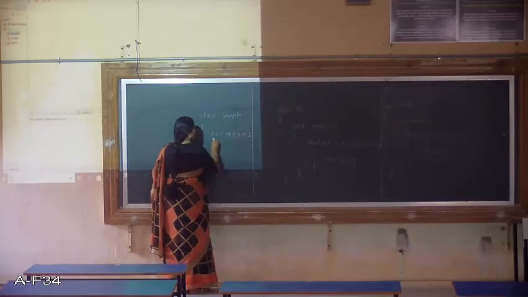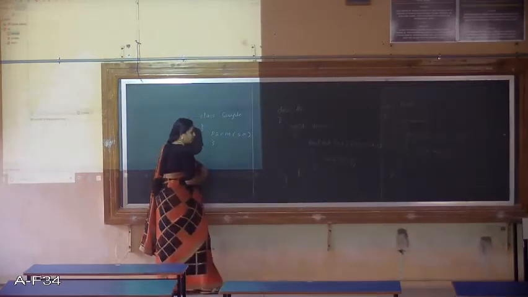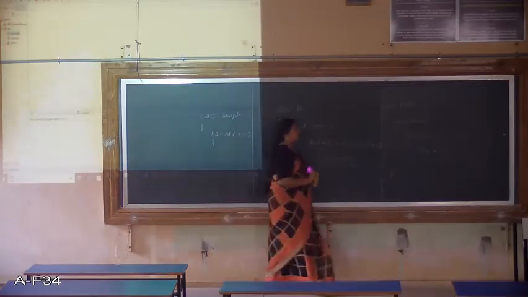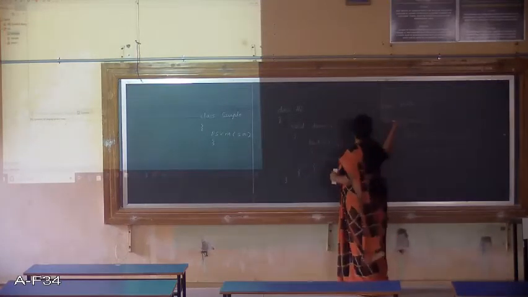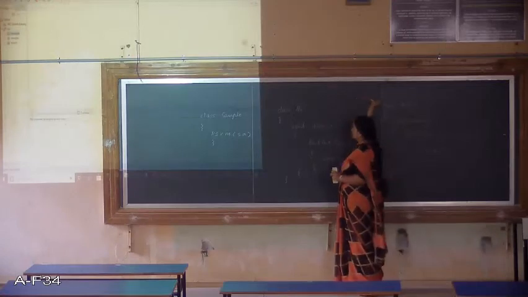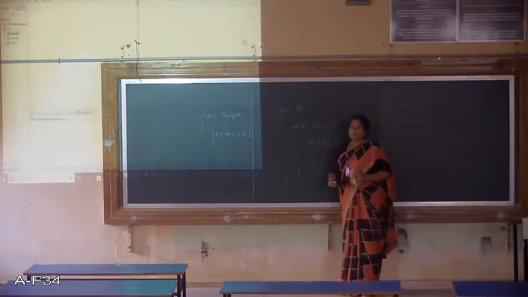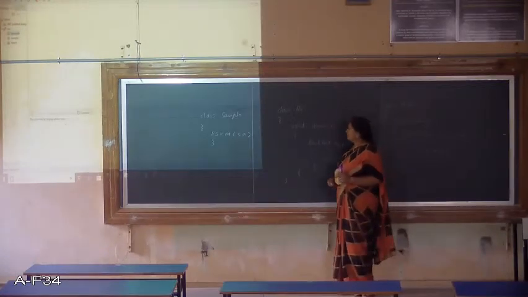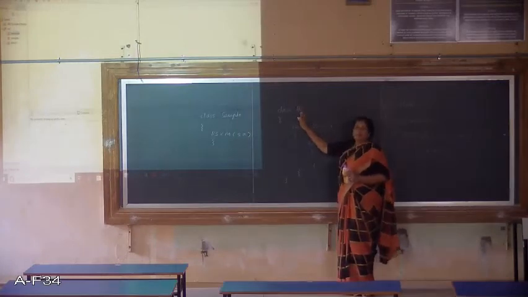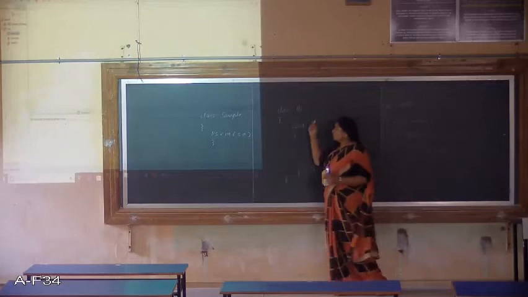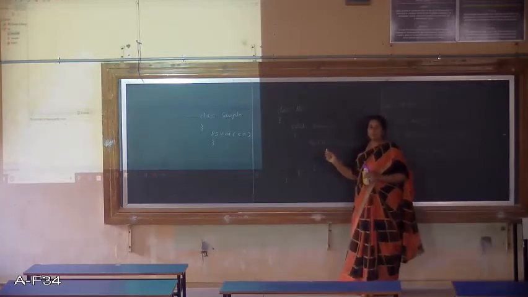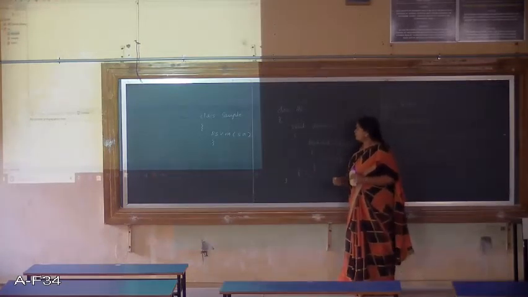So I am writing it in short, but you have to write it completely. So now to call these show methods which are there in these classes, what we have to do? First we need to create the objects of these classes, right? Using those objects and the dot operator, we can call these show methods.